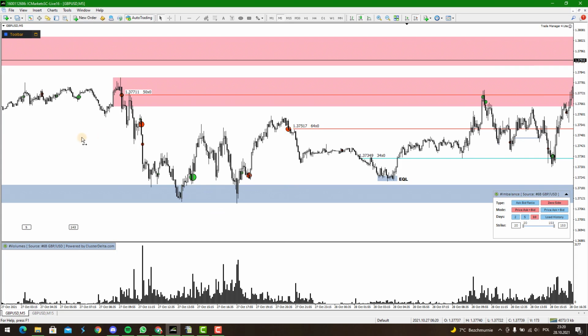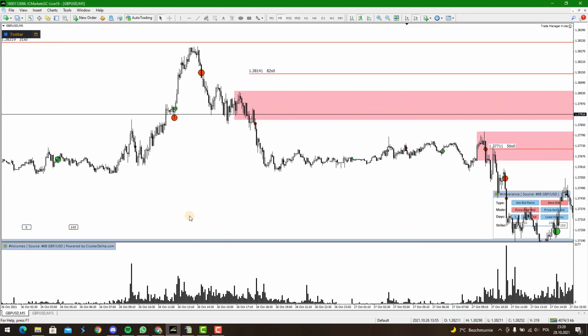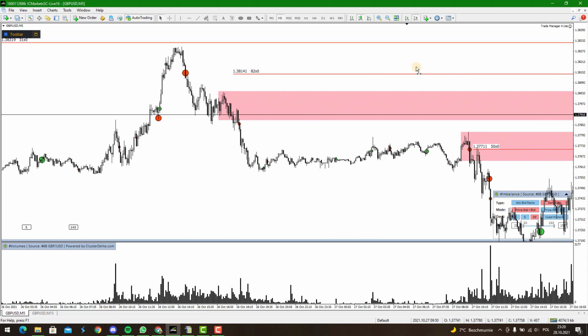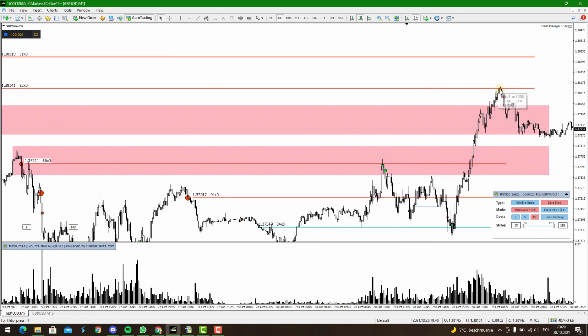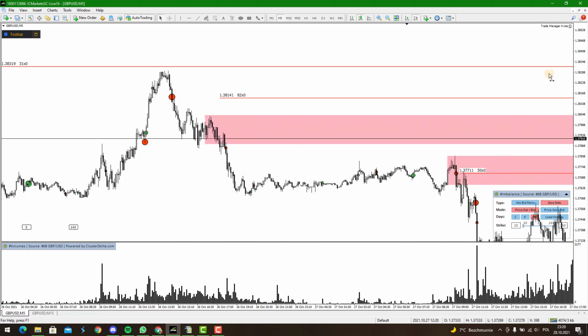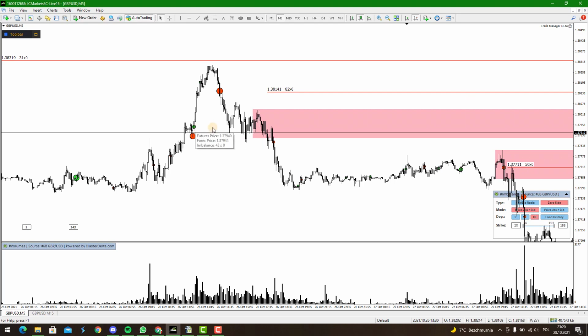Oh yeah, very good. Look guys how it's working. This one, we've seen the reaction today. Insane, just insane. From this imbalance, a good reaction of 15 pips. From the lower imbalance, also a reaction which created the supply.